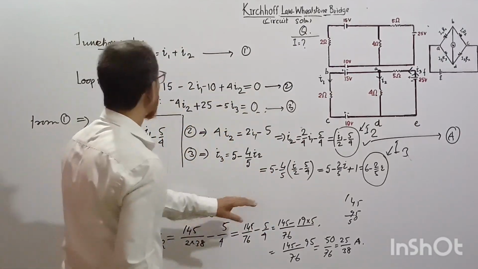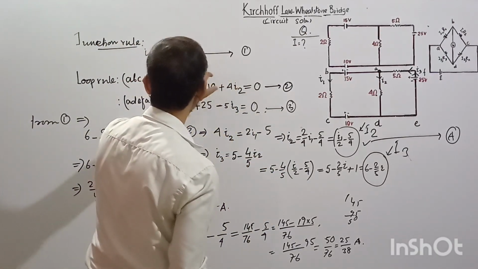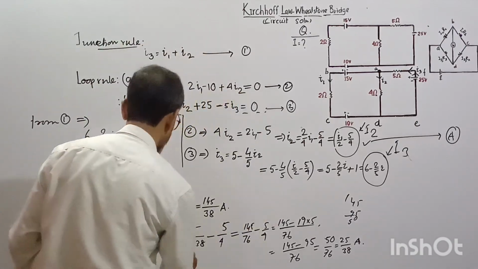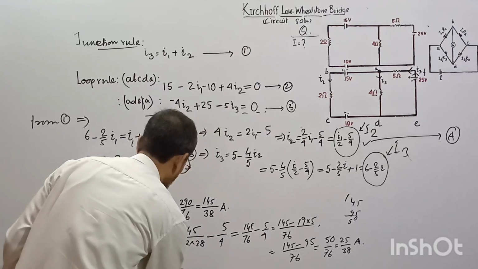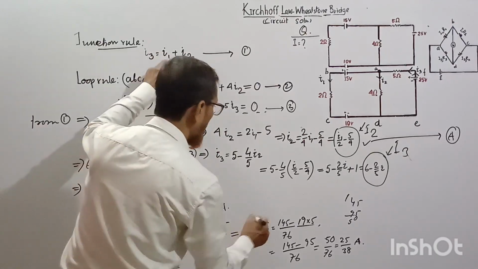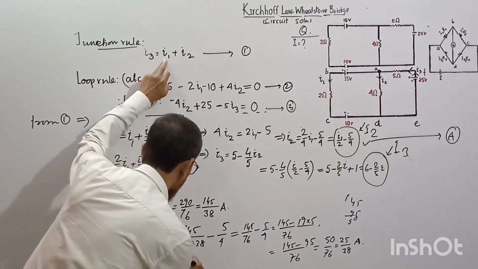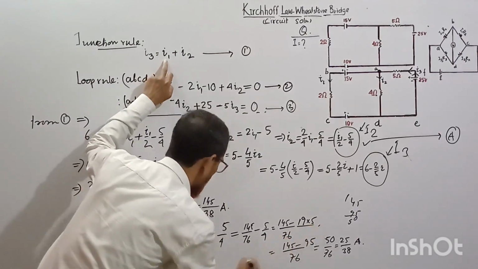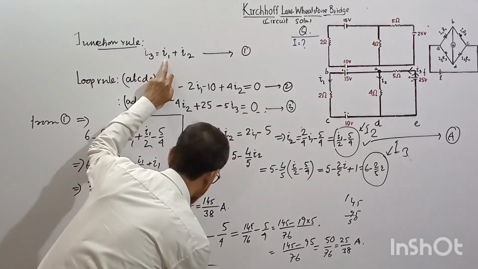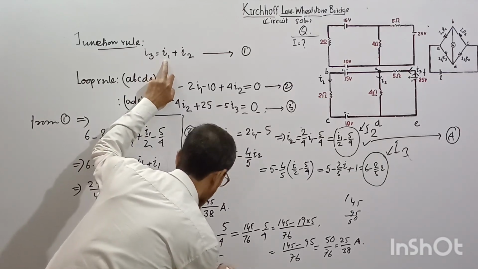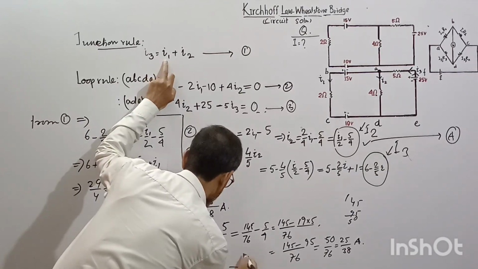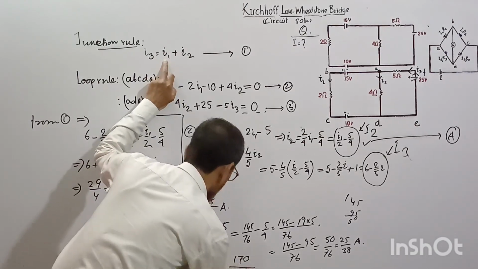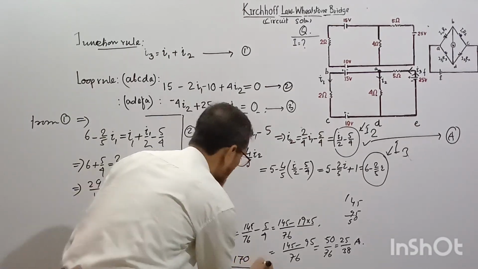So simply using equation 1, I1 plus I2, we can get I3. So I3 is equal to I1. What is I1? I1 is equal to 145 by 38 and I2 is equal to this, you can deduce it, you will get the answer.